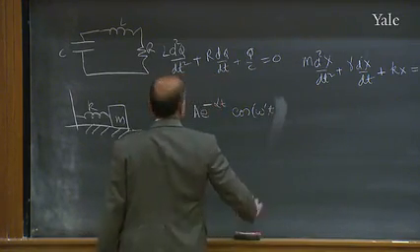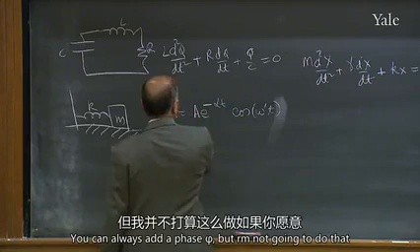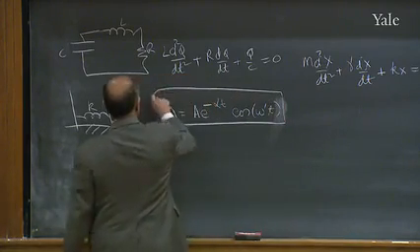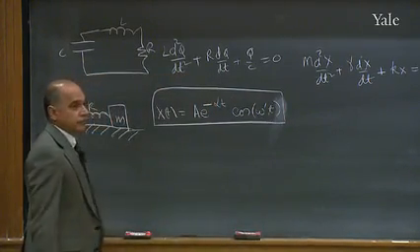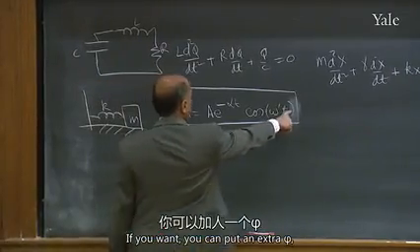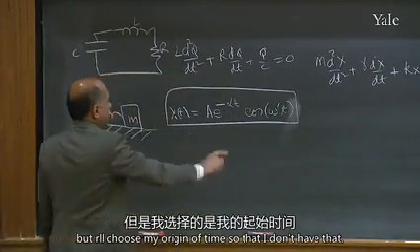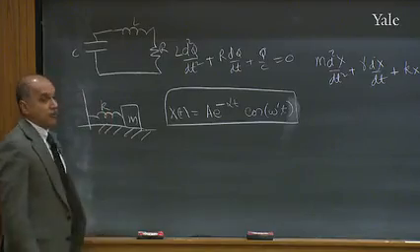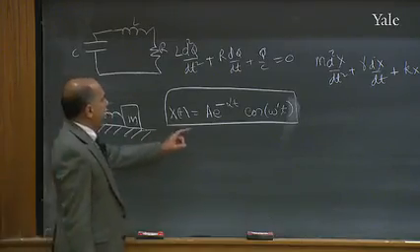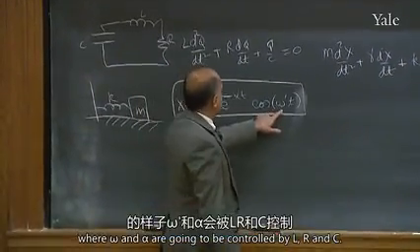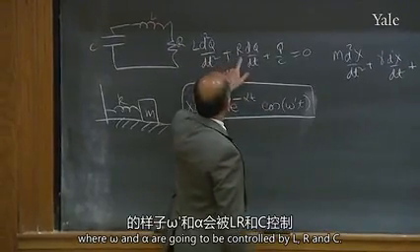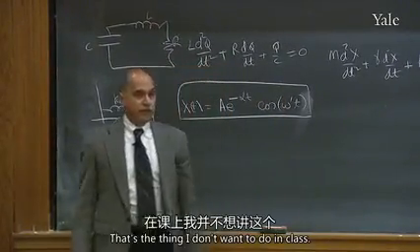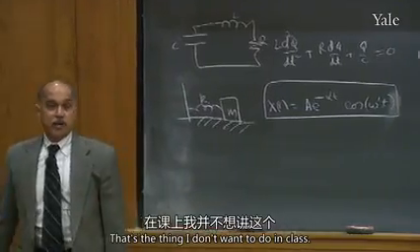You can always add a phase phi, but I'm not going to do that. If you want, you can put an extra phi, but I will choose my origin of time so that I don't have that. This is what the answer is going to look like, where omega prime and alpha are going to be controlled by L, R, and C. That's the thing I don't want to do in class.